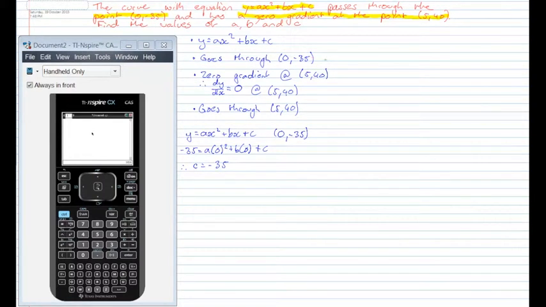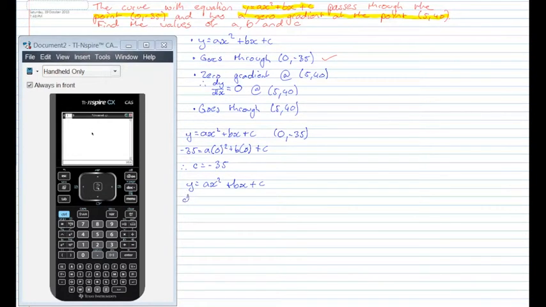Okay, so now we've done that, we're just going to tick this to say we've used it. And we're going to go through and use the other information. That is, we have a 0 gradient at the point (5, 40). So we've got y equals ax squared plus bx plus c. Because it's talking about gradient, we need to find the gradient rule, that is dy/dx.